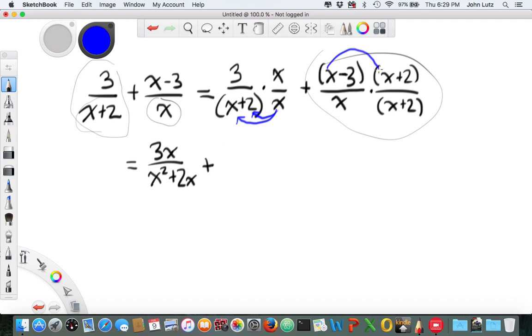So I'm going to do my FOIL, x times x, x times 2, negative 3 times x, negative 3 times 2, and I'm going to end up with x squared plus 2x minus 3x minus 6, so it's going to be x squared minus 1x, which will be just minus x, minus 6, over x squared plus 2x.